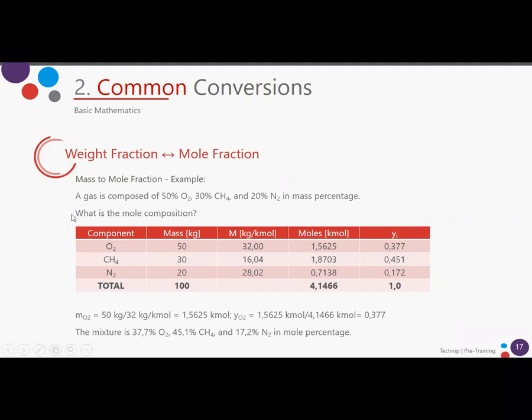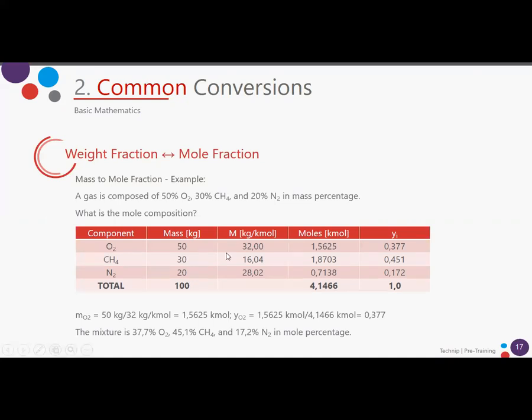Here we don't assume that our mixture has 100 kilomole, but we assume that our mixture is 100 kilogram heavy, okay? So that means 50% oxygen translates to 50 kilograms oxygen, 30 kilograms methane, and 20 kilograms nitrogen.